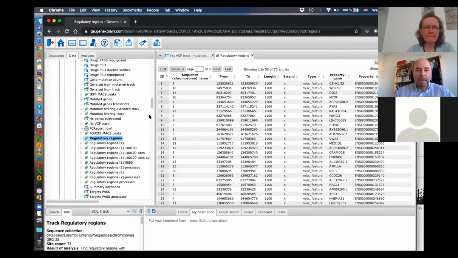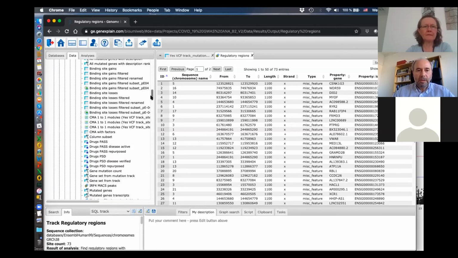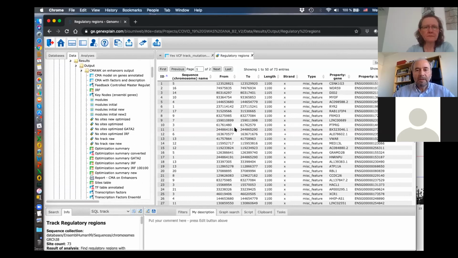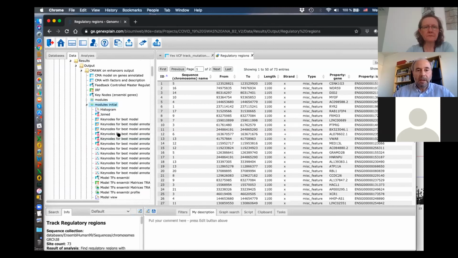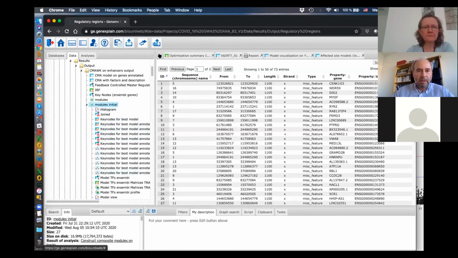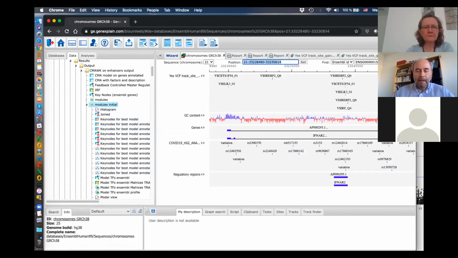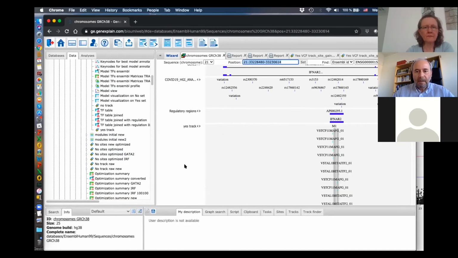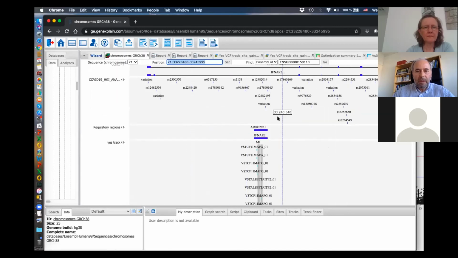Now we run the composite module analysis on these regions and compare them with other random regions in the genome. As a result, we get those composite modules. To demonstrate it a bit more, let me open this browser and take the found site. Here we have an extract.